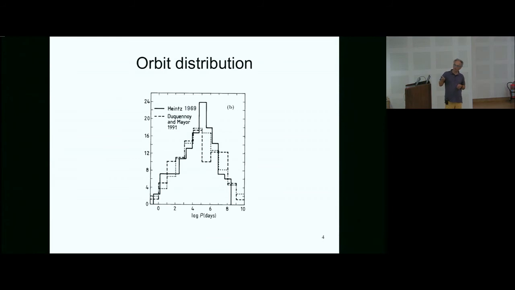That's from a relatively old paper, where we see that the number of stars per unit logarithmic interval varies slowly as a function of the period.